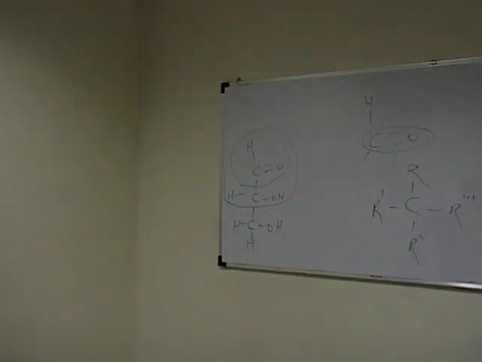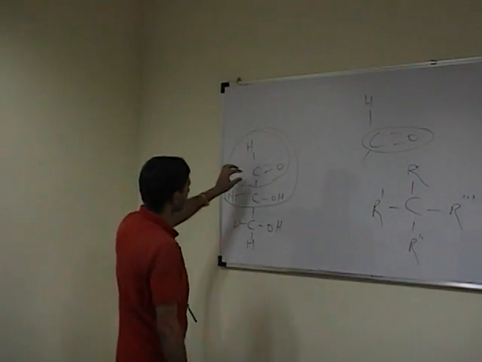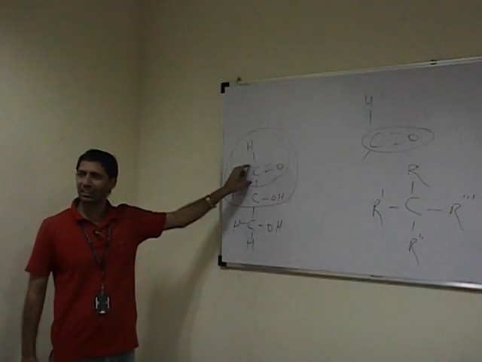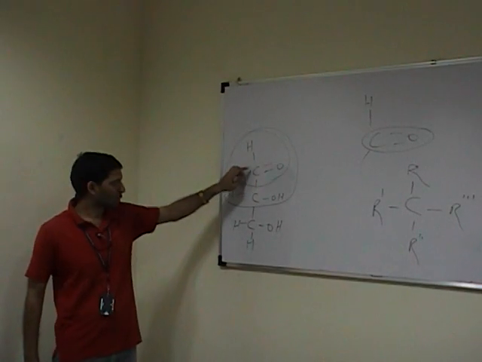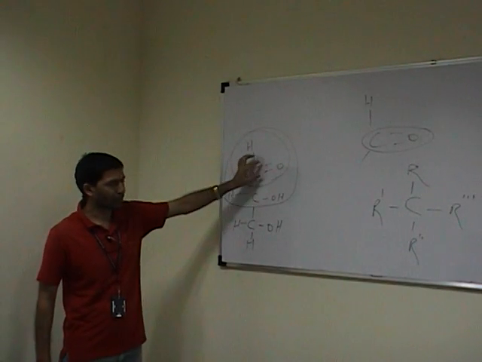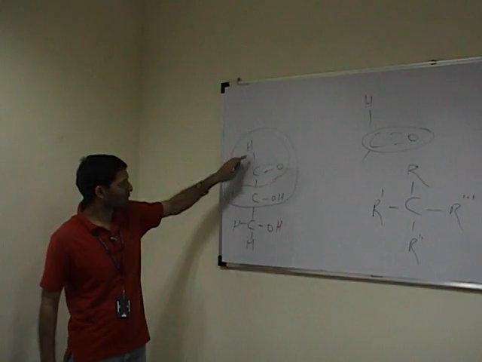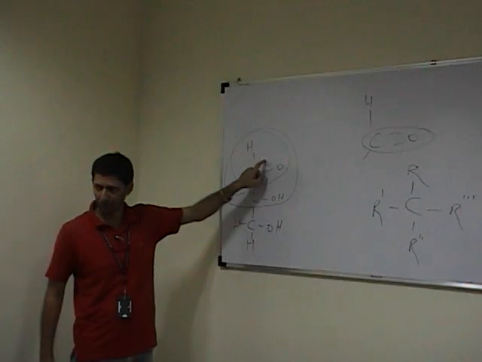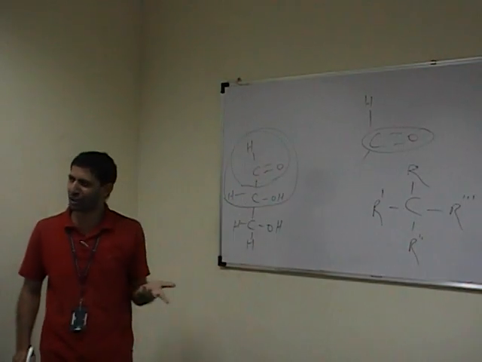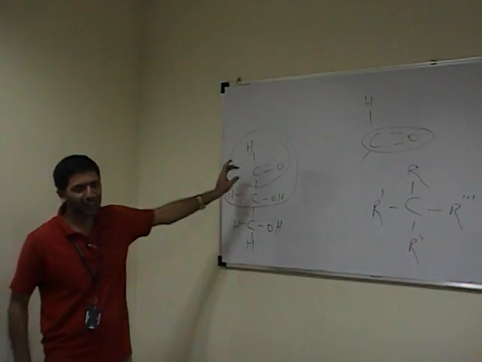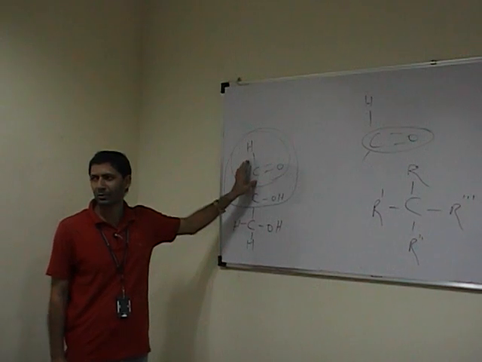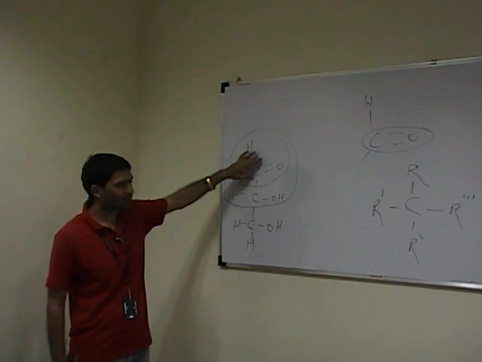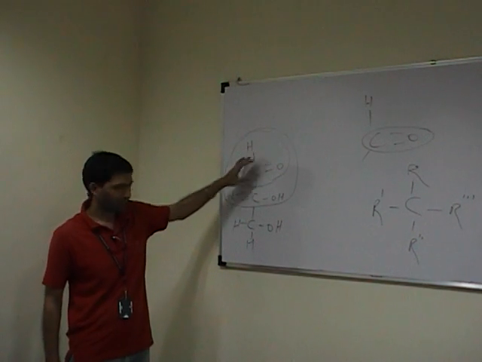Understand? So when you consider the first carbon, because we start the numbering from the functional group, the valency of this carbon is 1, 2, 3, 4. These two bonds are with the same oxygen. So this carbon is chiral or not? This is not.